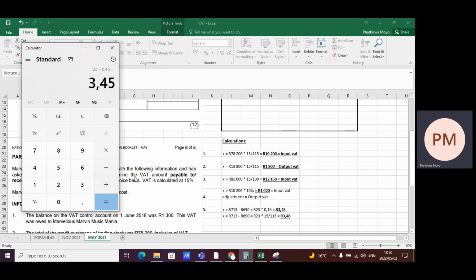It's not clear if we're working with the 713 or we're working with the VAT on the discount. That one is destined to be corrected.